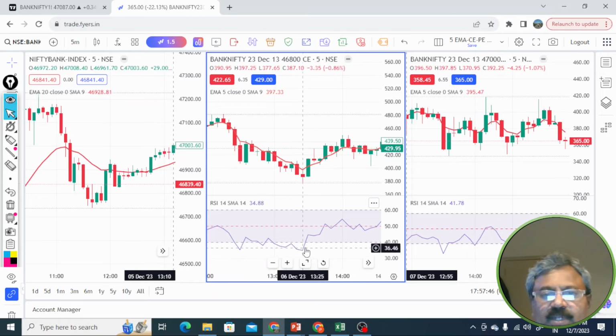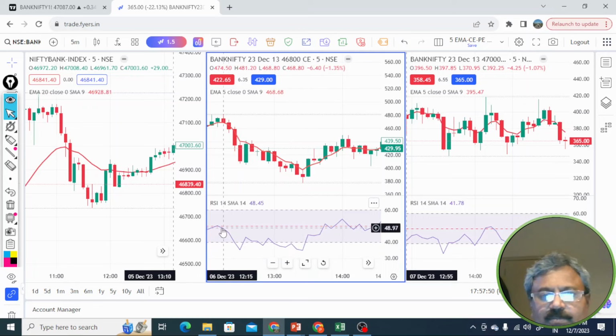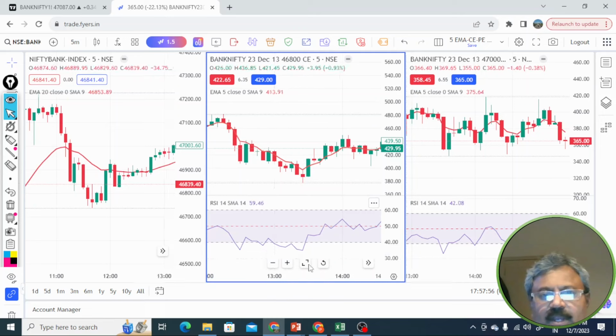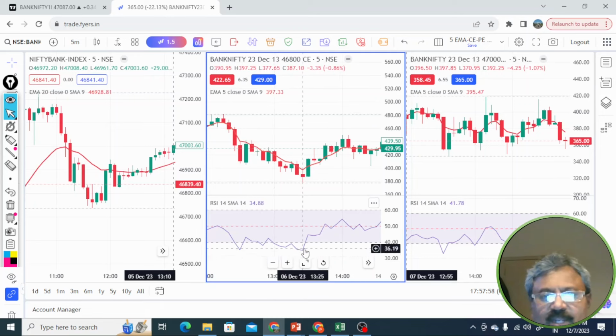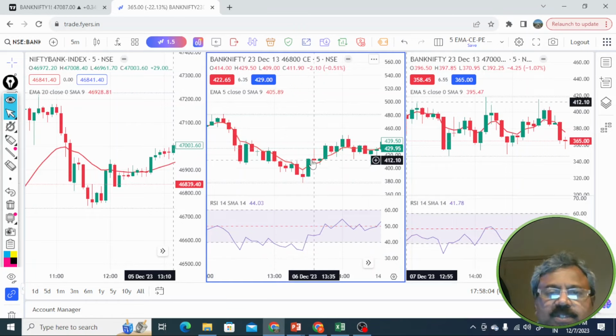It is also showing a divergence here after a downtrend. Look at this, from here this line is coming down, and after this it's also getting a reversal. So this is giving a more confluential trade opportunity.